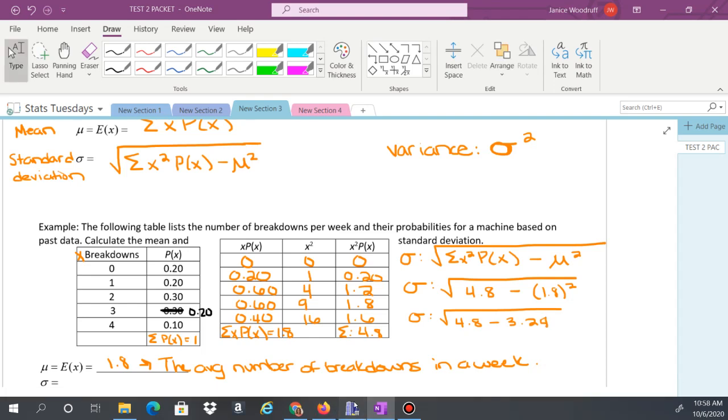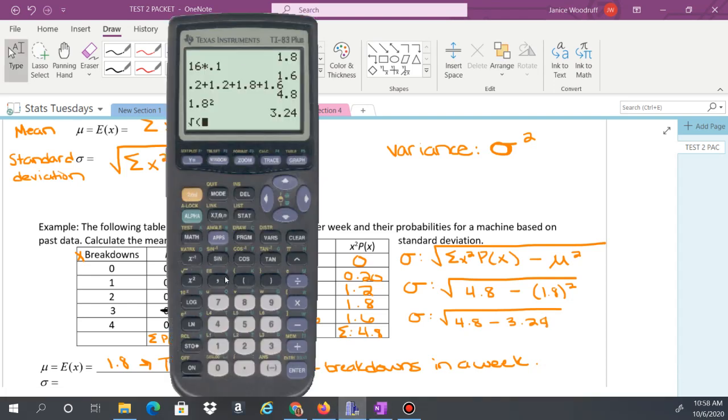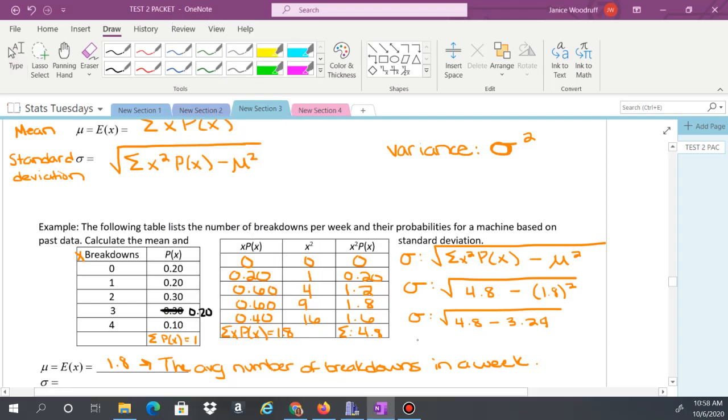So let's go ahead and do that. Square root of 4.8 minus 3.24. So there I'm going to get a 1.249. We'll do 3 decimal places there. So 1.249. Okay, and if you're doing it step by step, just don't forget to take the square root.